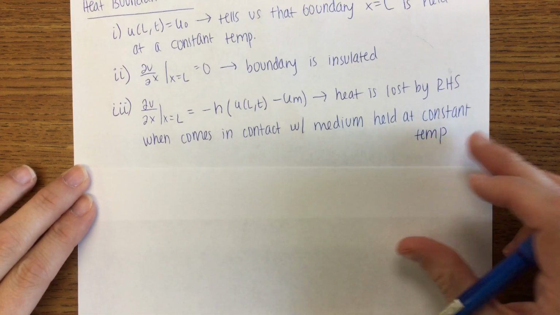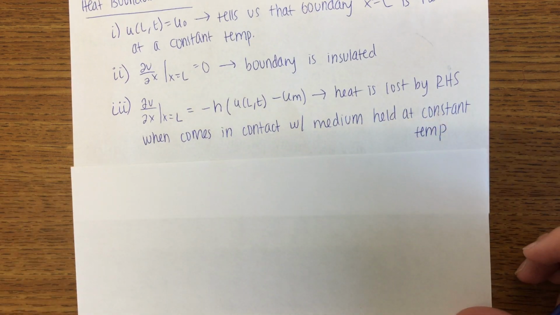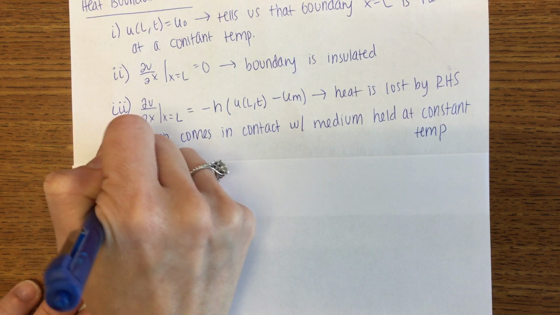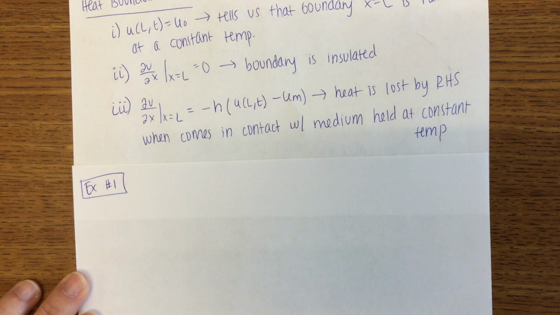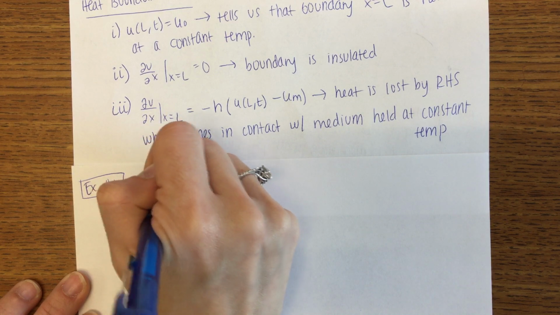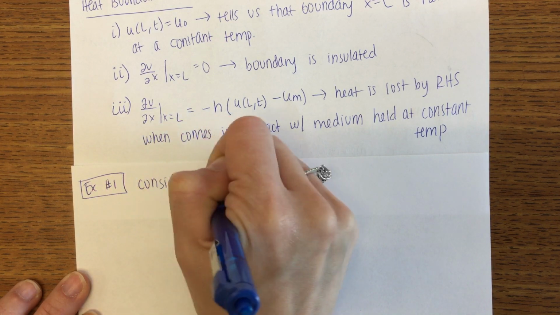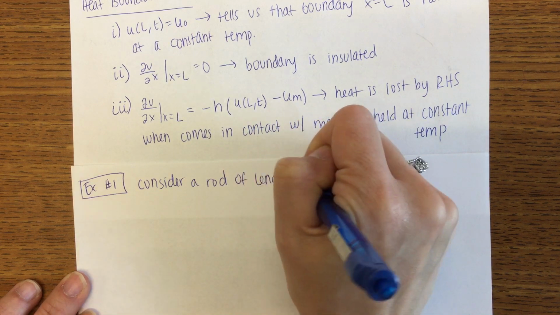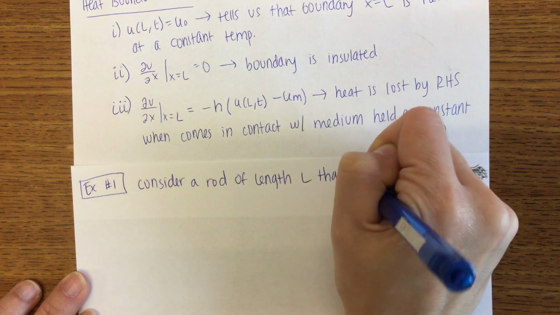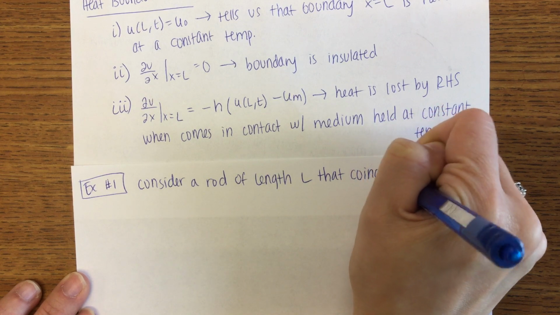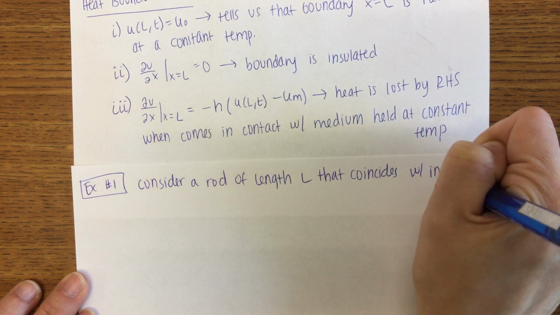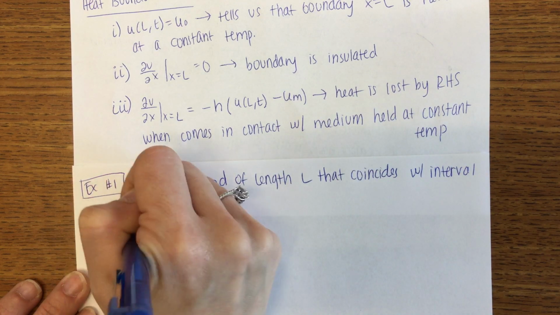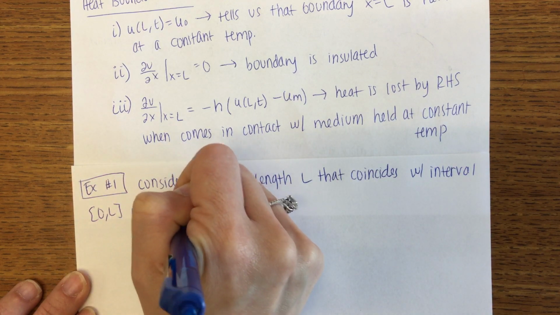After all of that, are you ready to do an example? Okay, here's your example. Consider a rod of length L that coincides with the interval 0 to L on the x-axis.